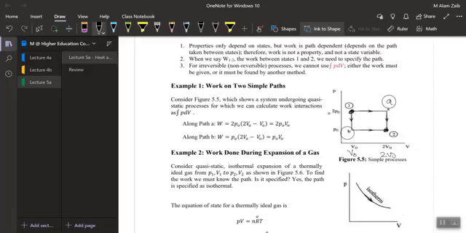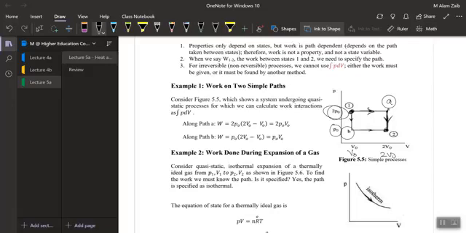I have pressure P naught and 2 P naught, and volume V naught and 2 V naught. In the first path, path A, I go from state 1 to A while keeping the pressure constant and changing the volume from V naught to 2 V naught. Then I keep the volume constant and drop my pressure from A to 2, and that is path A.